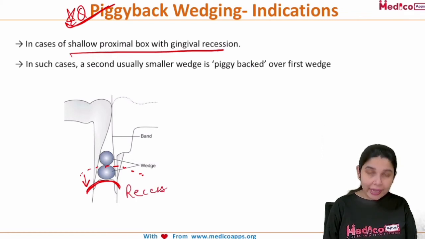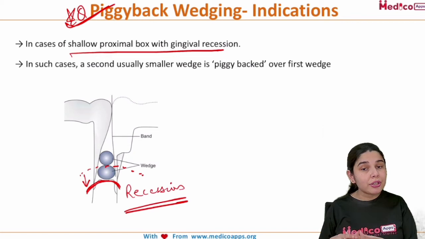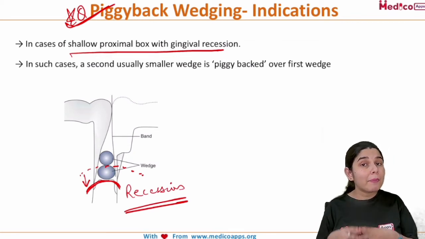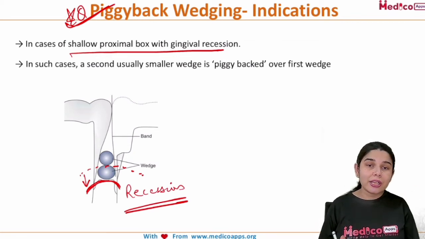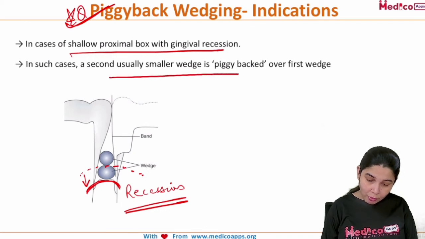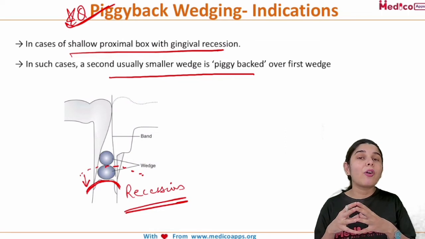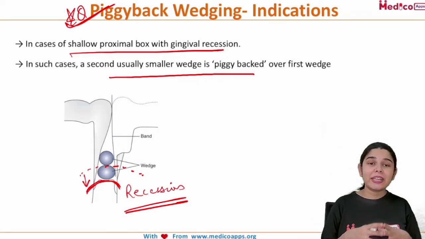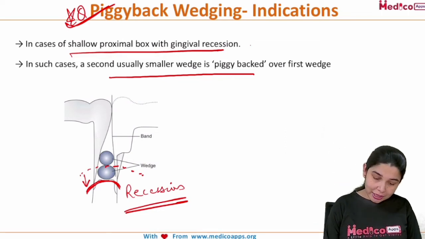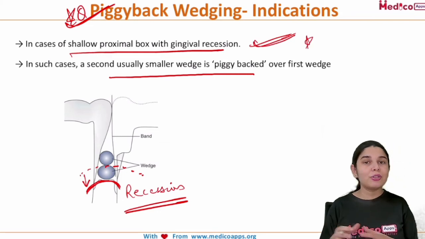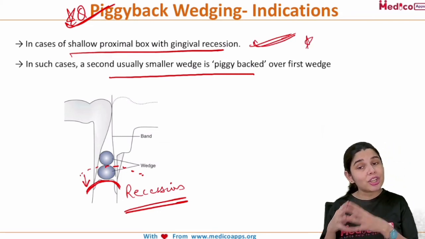So whenever there is a case of gingival recession, we are going to use the piggyback wedging technique, and in such cases a second, usually smaller, wedge is piggybacked over the first one. This is why we call it the piggyback wedging technique. The most important point here is that it is used where there is gingival recession.